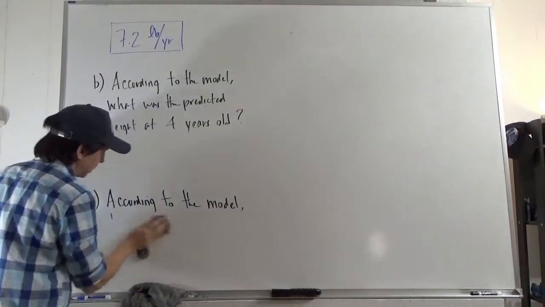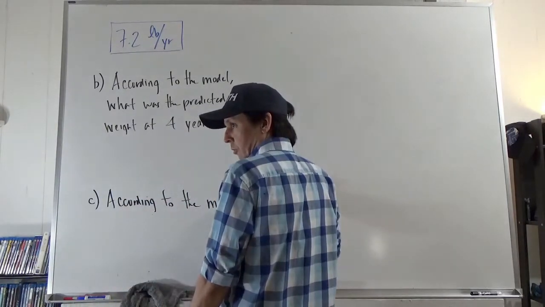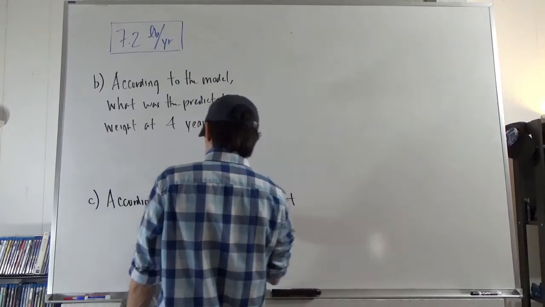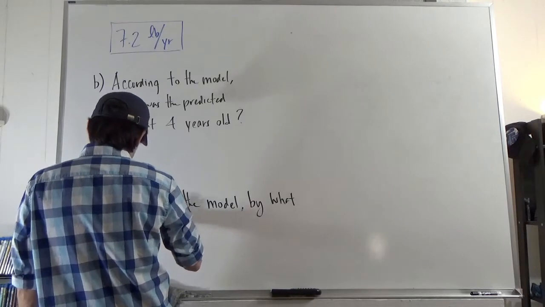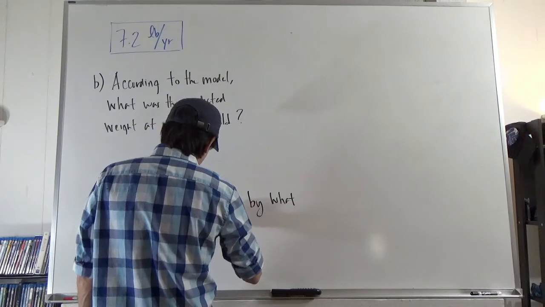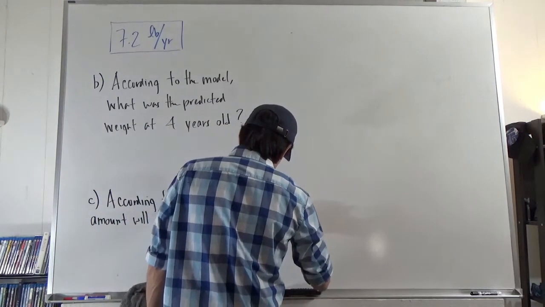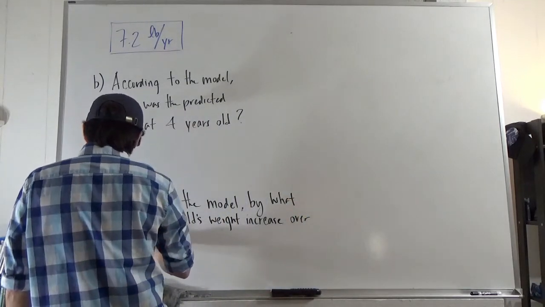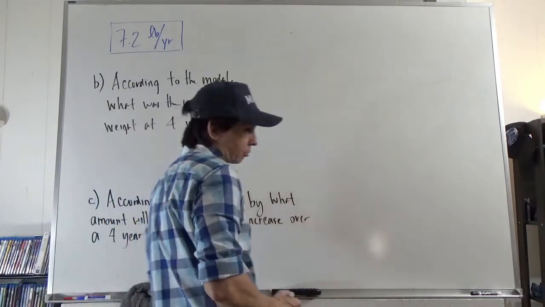Same question, I'm not editing it, although I might word it differently because I forgot what I just wrote. According to the model, by what amount will the child's weight increase over a 4-year span? Something to that effect. You can leave it the way I wrote it. It's the same, I might have just phrased it slightly differently.